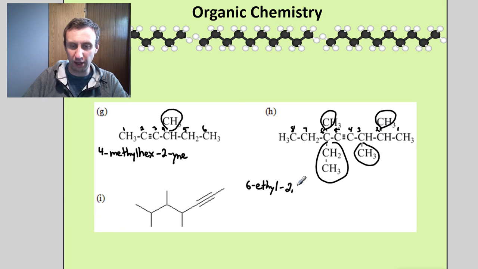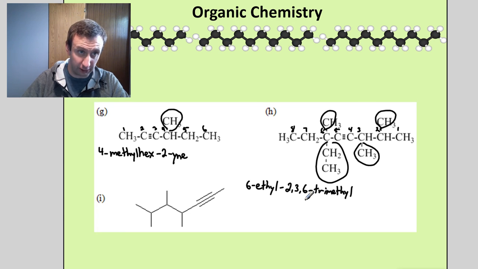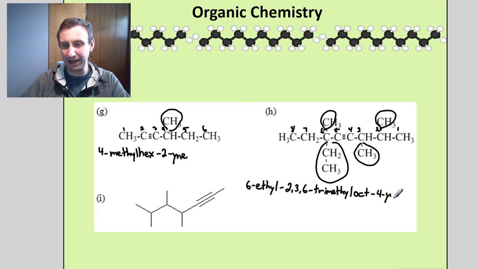So 2,3,6-trimethyl, because I have 3 methyl branches. I should always have the same amount of numbers here as this prefix indicates. So trimethyl, and I have 3 numbers listed here, so that's good. And then it is oct, because I have 8 carbons in this parent chain. And then I have the triple bond on carbon number 4, so it's oct-4-yne, Y-N-E, which shows it's a triple bond.